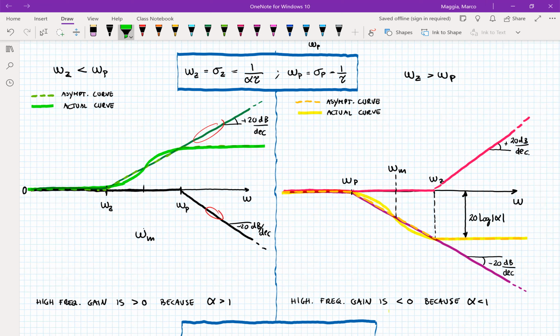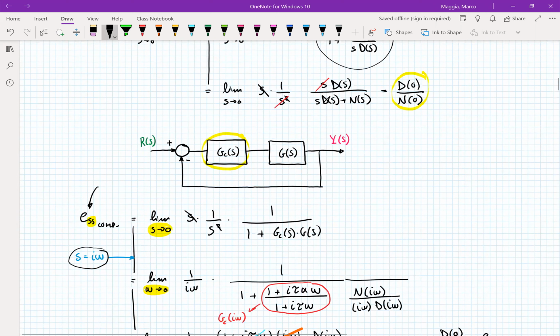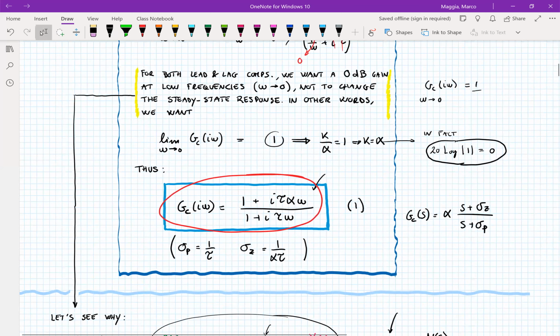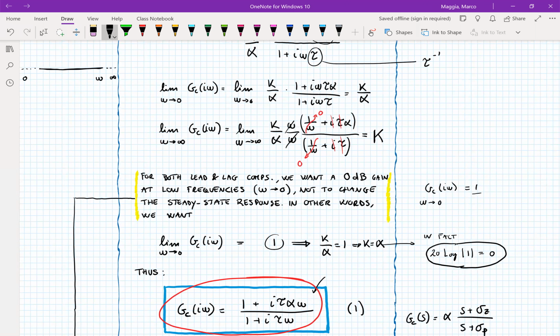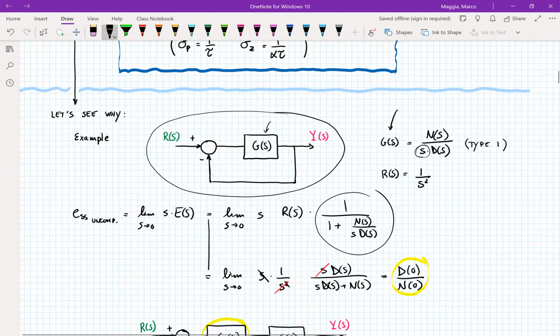Okay, so what is the value for the magnitude for very low frequencies? We already responded to that question, and that is 0, and that matches. And what about for high frequencies? Well, let's go back. If we don't remember, we already took the limit, and that is equal to k, but k is equal to alpha.